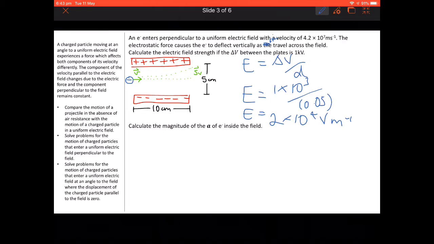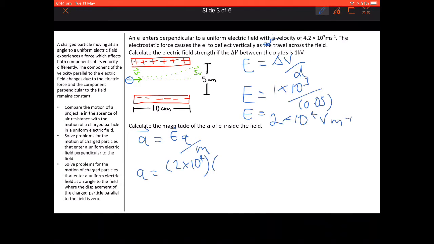We then have to calculate the magnitude of the acceleration of an electron inside the field. To do this, our rule for acceleration is the electric field times the charge divided by the mass of the charge. Our electric field strength is 2 × 10^4 volts per meter, as we just worked out.